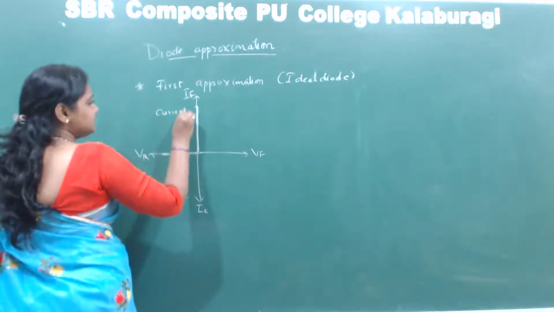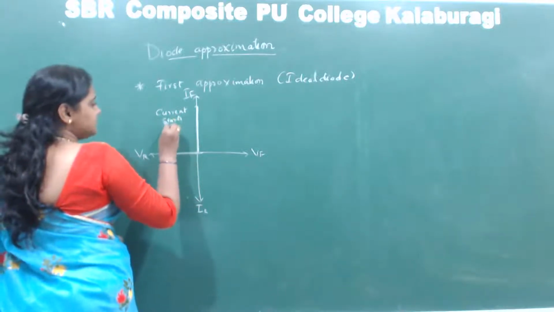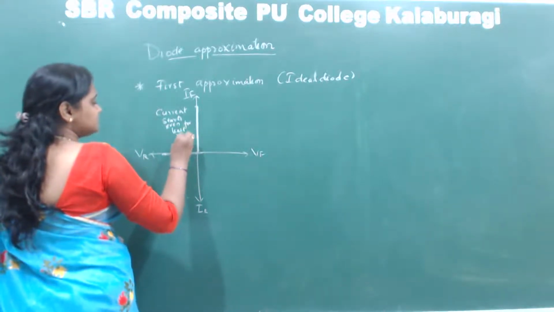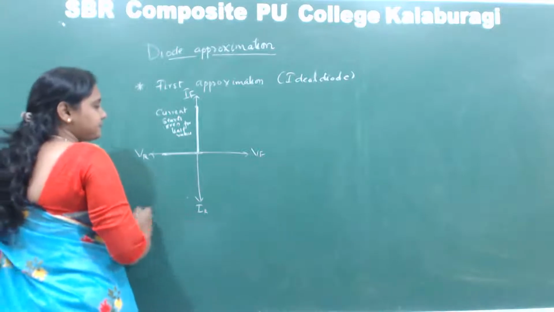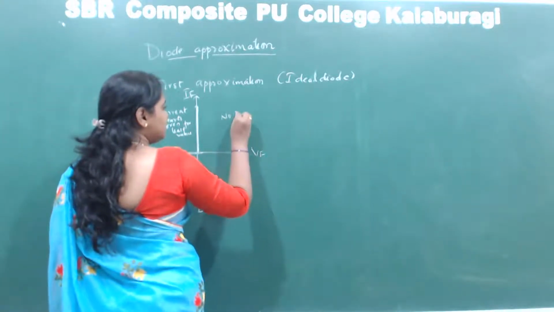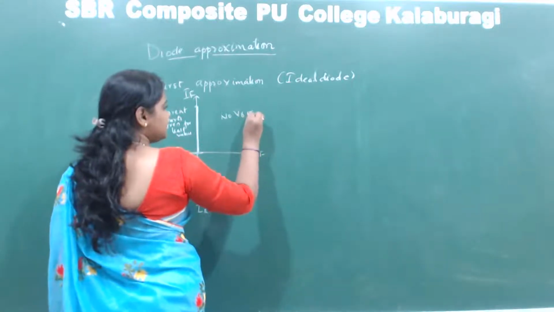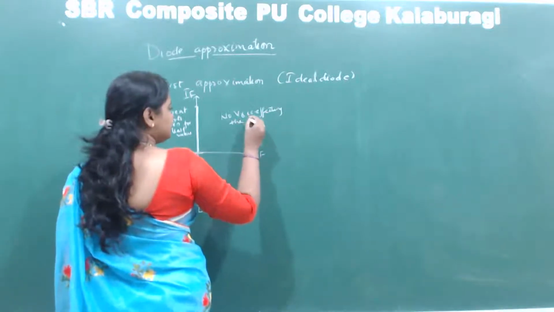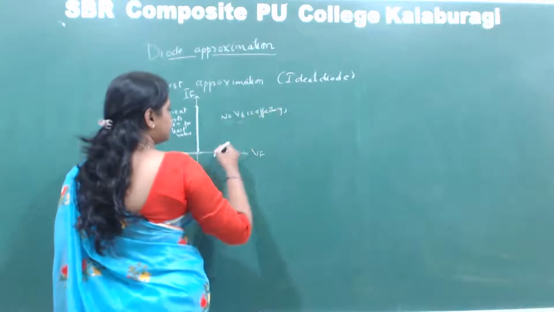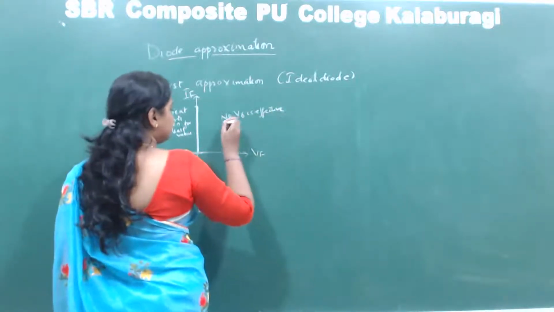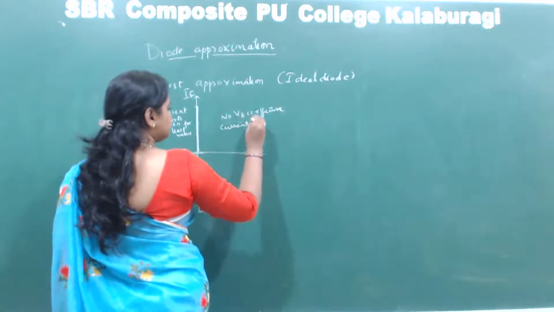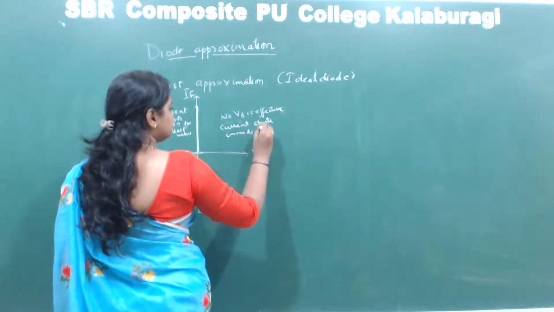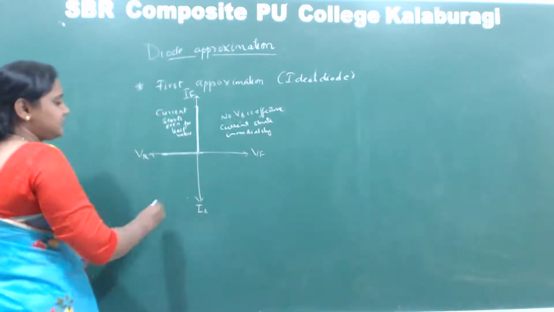So current starts even for the least value, and no VB is affecting it. Effectively the current starts immediately.